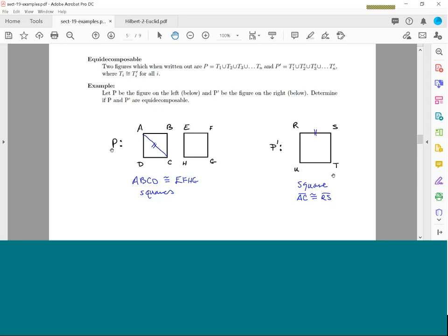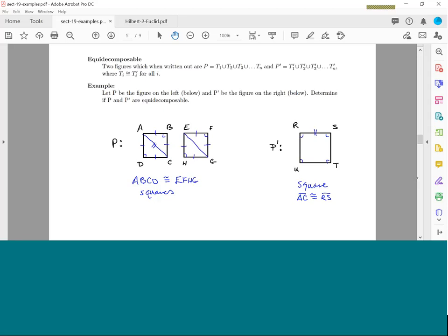So let's see if we can figure out what's going on here. First thing is you cut up one of your figures, or really both of your figures, into triangles. So let's do just diagonals right here, so as few triangles as possible. That's typically helpful. And I'm going to claim that if these two squares are really squares, we are going to automatically get all of our right angles. And if the two squares are congruent, that means our sides over there are all congruent, all 8 of those sides.